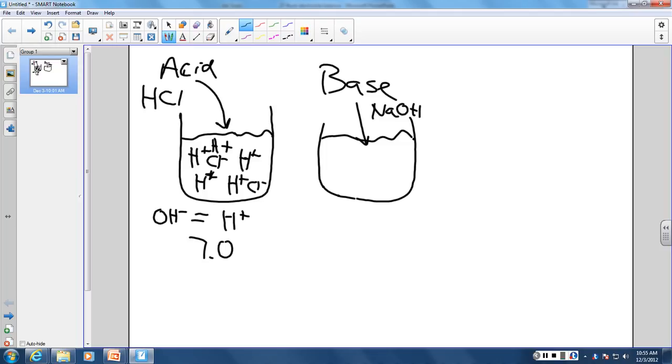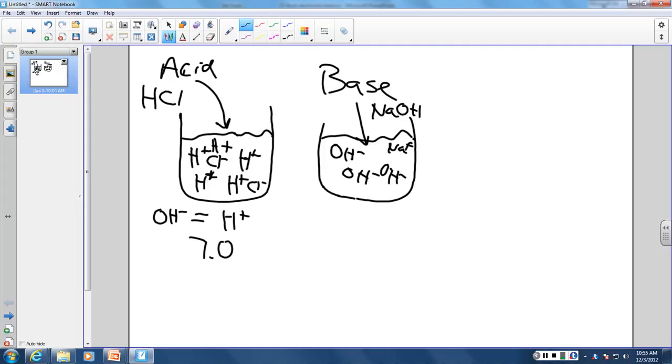Sodium hydroxide, when it's dissolved in water, is going to release hydroxide ions. There are sodium ions too, but sodium doesn't contribute to the pH. This buildup of hydroxides tells you the solution must be basic.